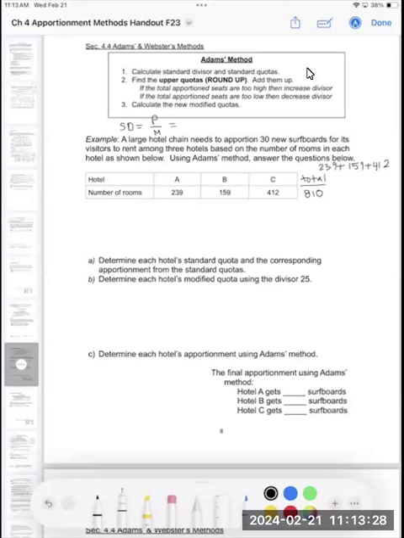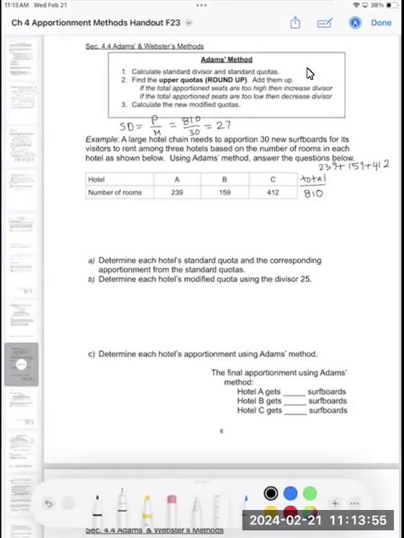So it's going to be 810 divided by 30, and we get 27 exactly. Nice. So that means we're going to be giving one surfboard for every 27 rooms in a hotel. So we need to know how many 27s are in 239, so that when we answer that question, that's going to be our standard quotas.